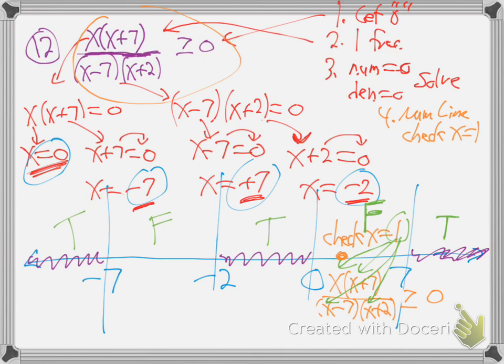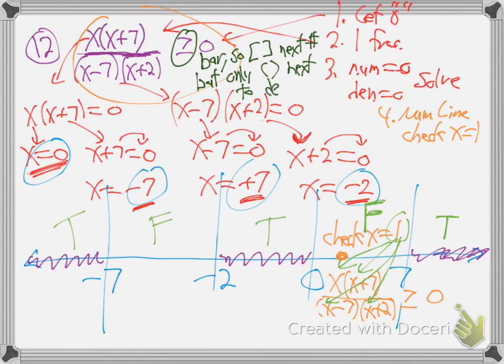Okay, now this is going to be a little tricky again. Remember, look back up here for a minute, this thing has a bar. So brackets next to the numbers, right? But only parentheses next to the denominator answers, right?